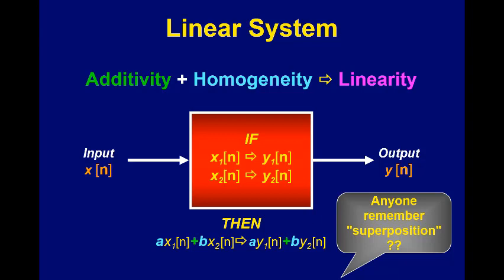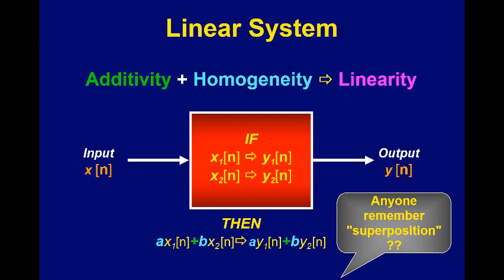If I add it to a differently scaled x2, I get a differently scaled y2. They all intermix. You can scale them, you can add them, and the output responses suffer the exact same, by the same amounts, still add. Nothing's changed, and that's what makes it a truly linear system.